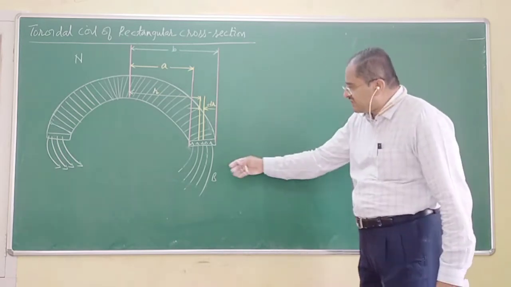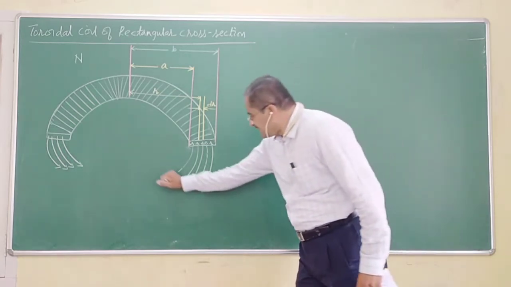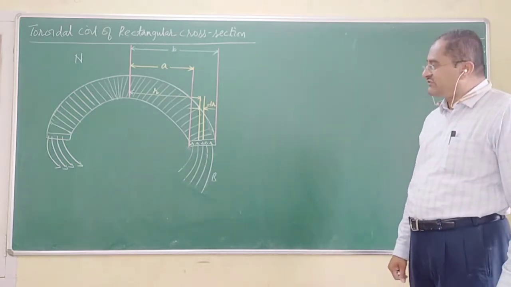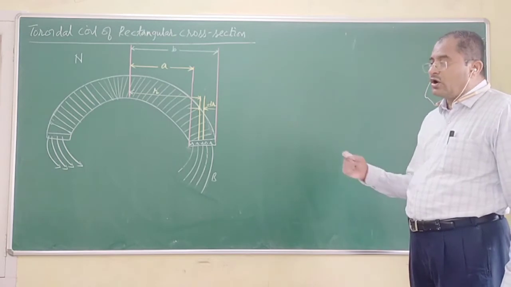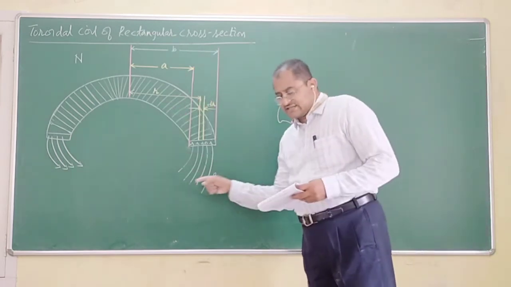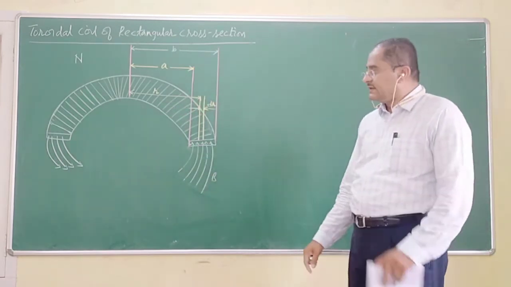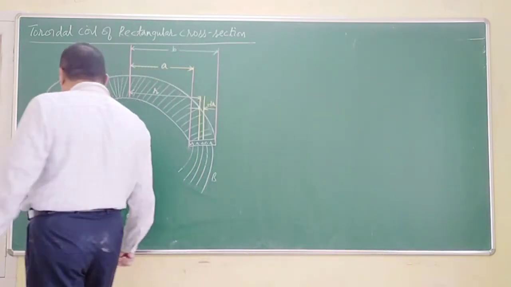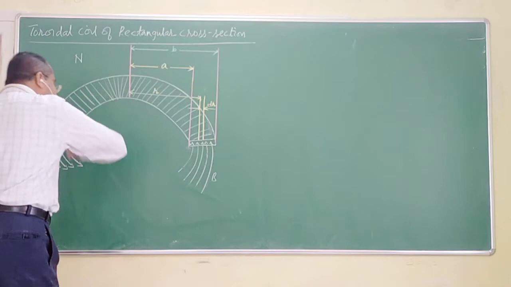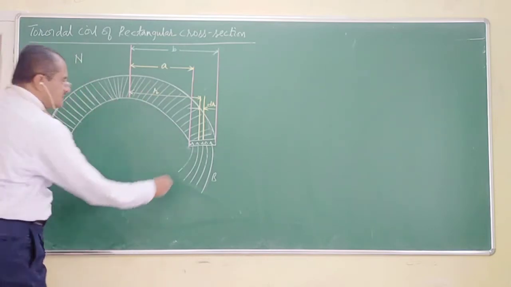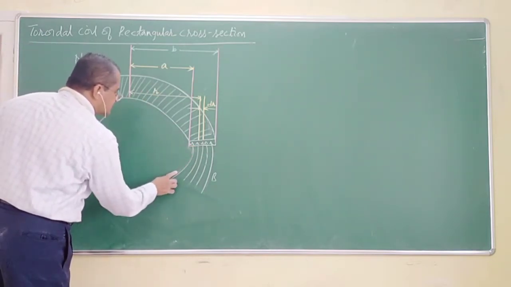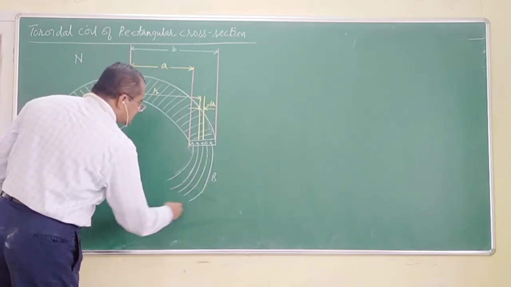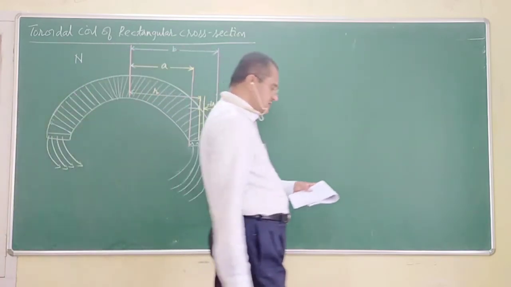As you can see in the figure, the magnetic lines of force of the toroid are concentric circles.